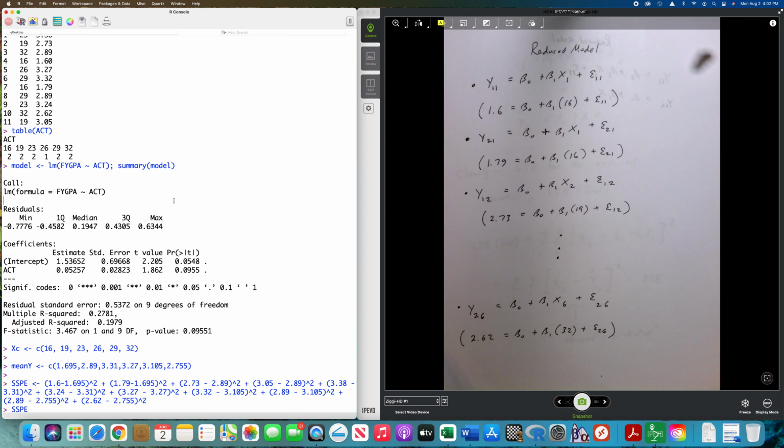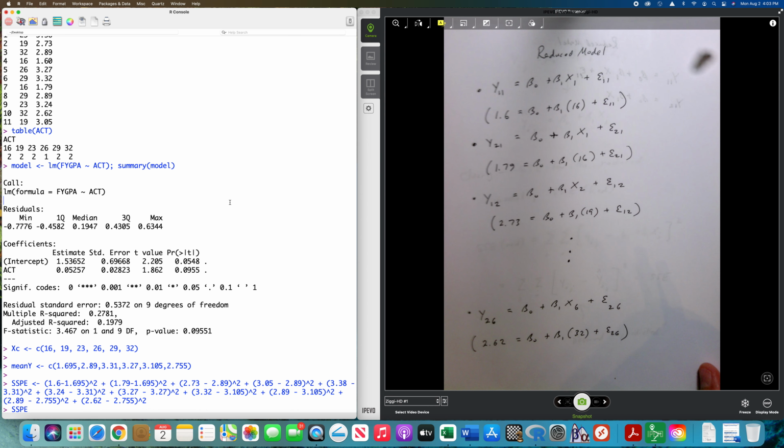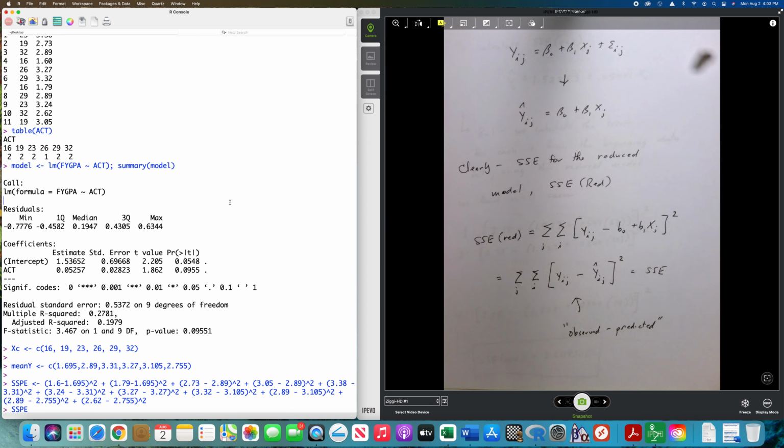And when you get down to the very last one, this will be the second y from the sixth level, so that would be 32. Hence the 32 here. And the second one would be our 2.62, right?